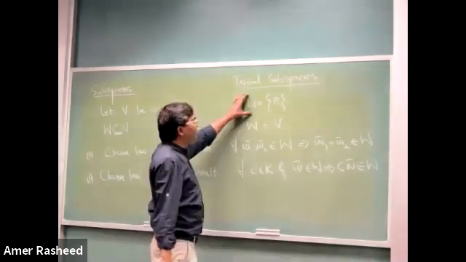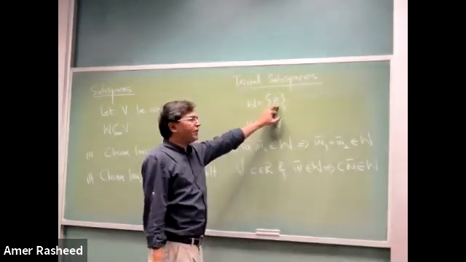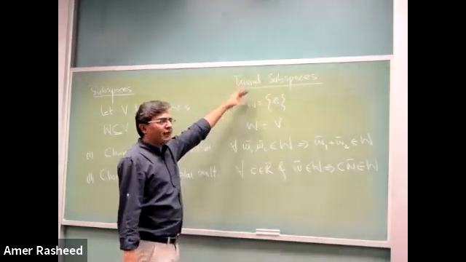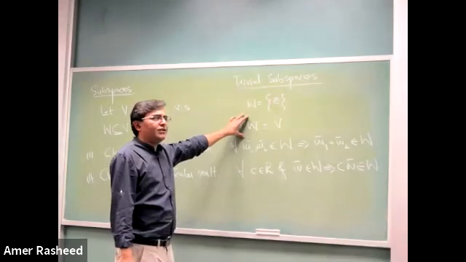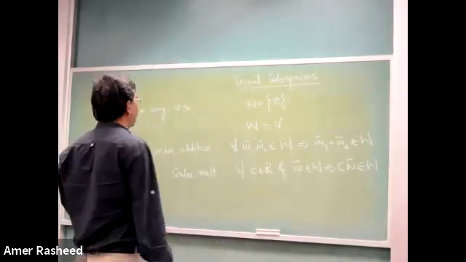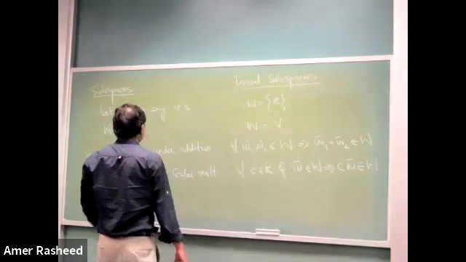Any set W which contains only the identity element of the vector space V is a subspace of V, and if W is equal to V, it is also a subspace of V. So these are the two trivial subspaces of any vector space, and they always exist.